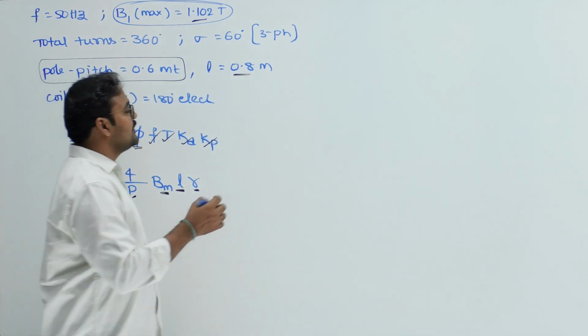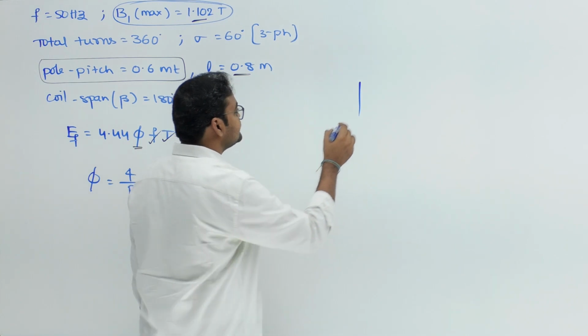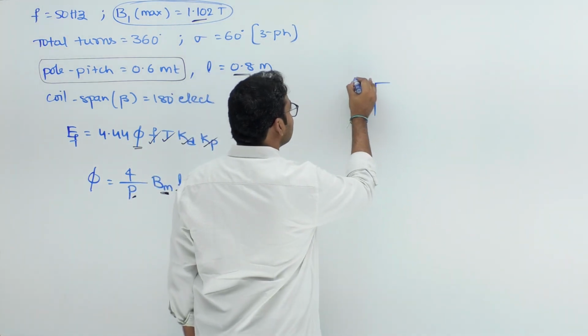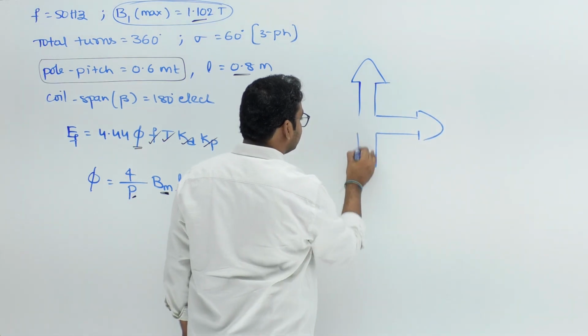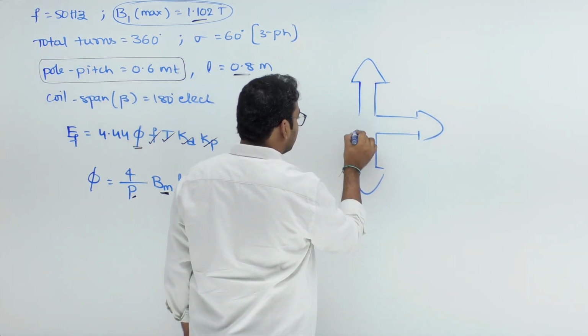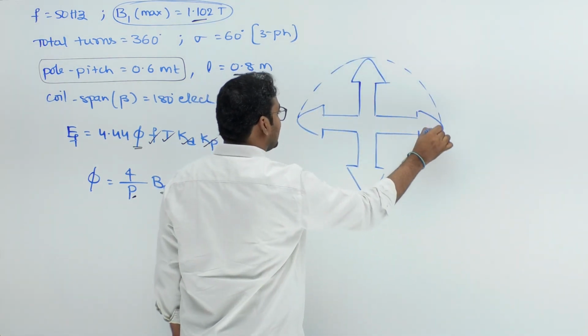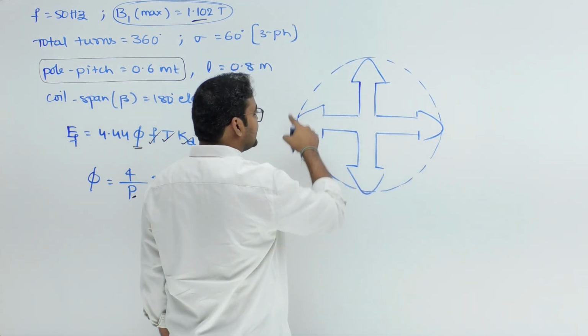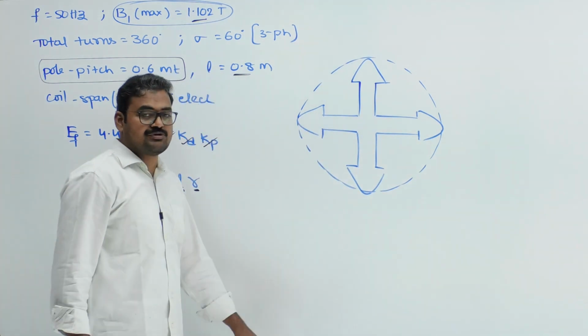Suppose it was mentioned a salient pole machine. Assume this salient pole machine has, let us say, 4 poles like this. This is how the rotor circuit looks. That dotted line is assuming like a circle, but actually it is a salient pole machine.